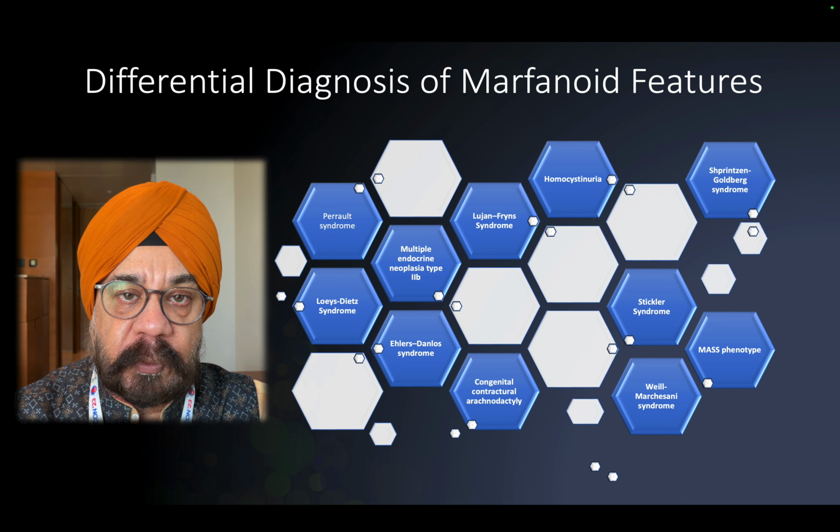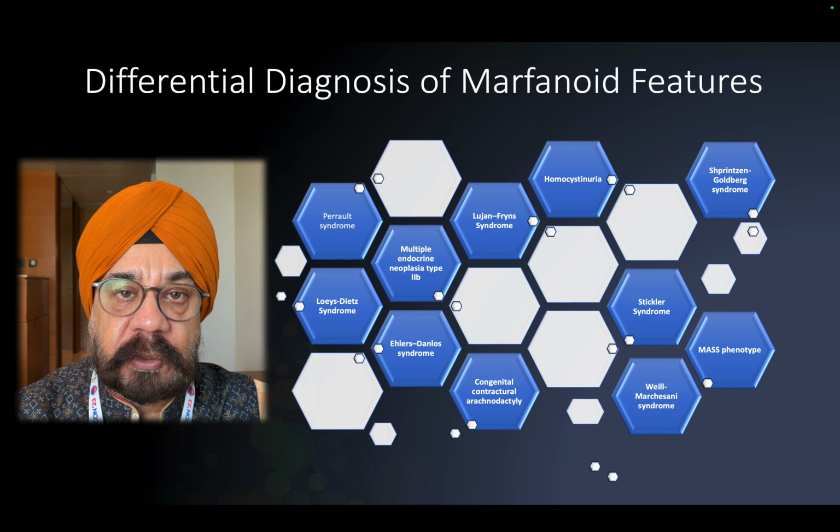But does this happen only in Marfan syndrome? No, it doesn't. There are many congenital conditions which can have similar skeletal or systemic features, and we put them all together into a category called Marfanoid features. So what are the Marfanoid features?